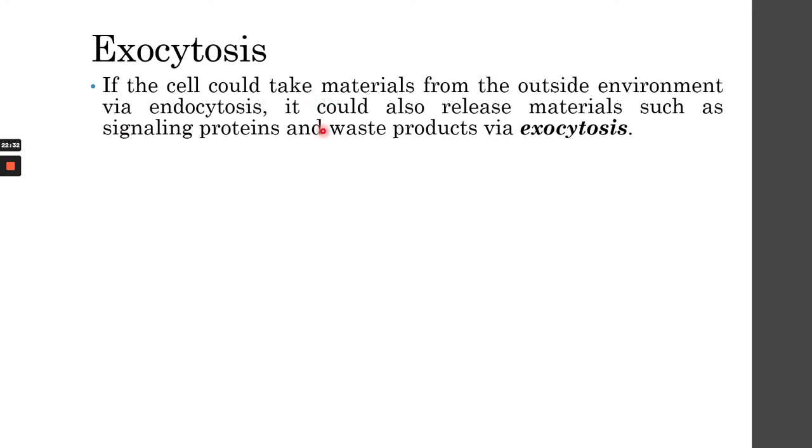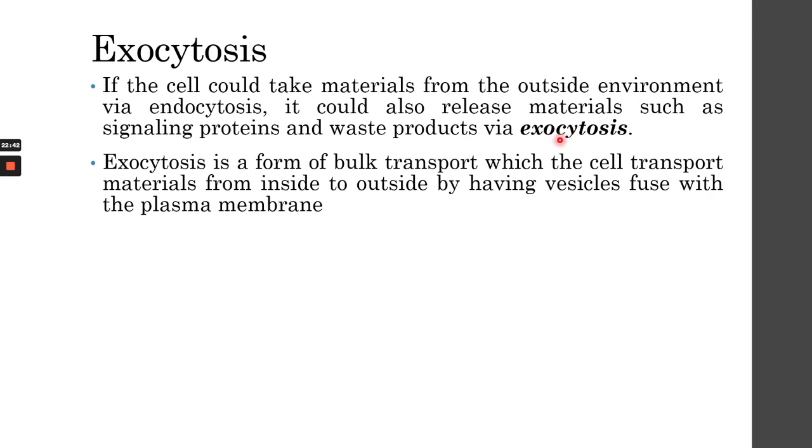So if the cell can take materials from the outside environment via endocytosis, it can also release materials such as signaling proteins and waste products via exocytosis. And again, exocytosis is a type of bulk transport in which the cell transports materials from inside to outside. And it does this by having the vesicles fuse with the plasma membrane.